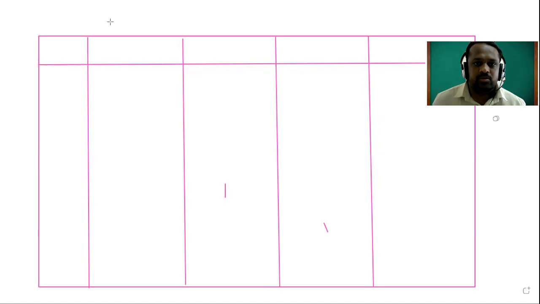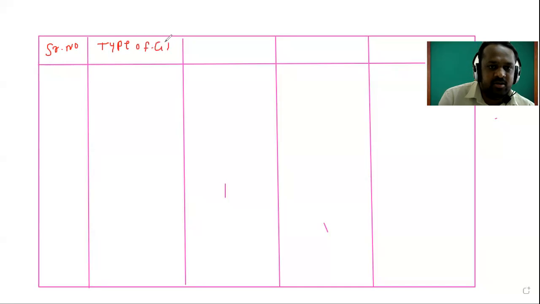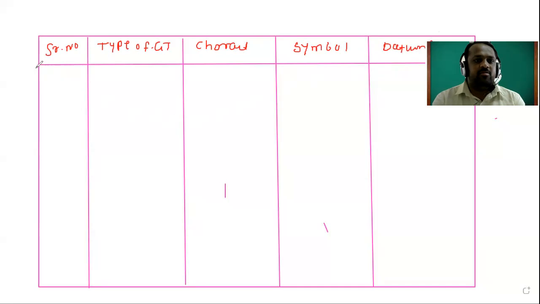Okay, so I will write down here serial number, then types of the geometrical tolerance, then characteristics, then their symbol, and then datum, yes or no.